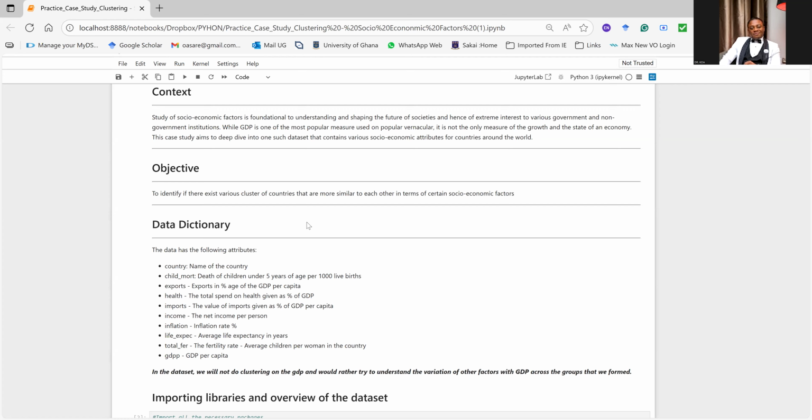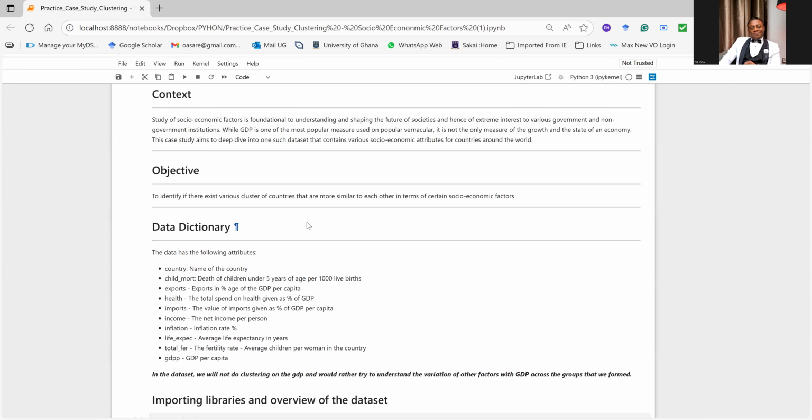For example, your thesis can be that you want to look at the impact of life expectancy on the GDP of these countries, or the effect of exports and imports on the GDP. But you want to also cluster these across the groups so that you'll be able to see how these variables differ or vary across the groups.